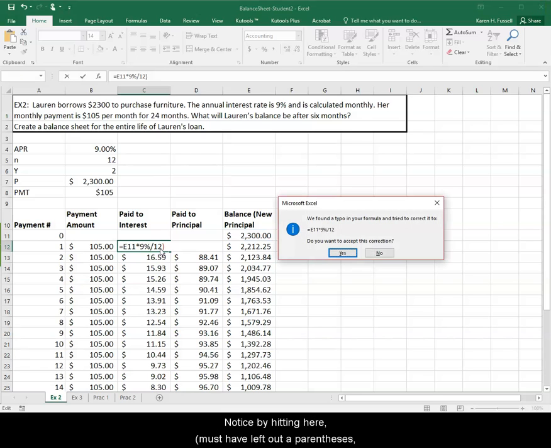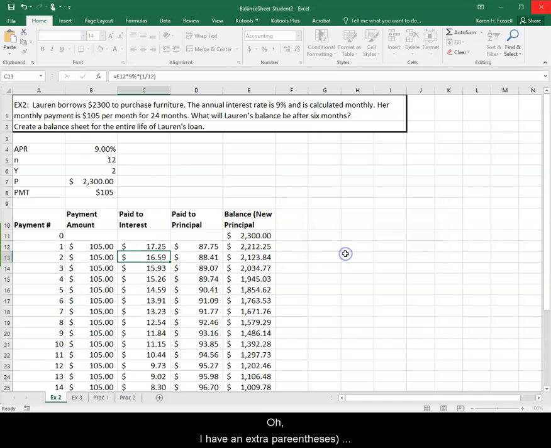Notice if I hit enter, oh, I must have left out a parenthesis. Oh, I have an extra parenthesis. So yes, we'll let it correct. Notice when I did that, I still got the same amount. Okay, so it doesn't matter if you type it as divided by 12 or if you type it as parentheses 1 divided by 12. You get the same answer.